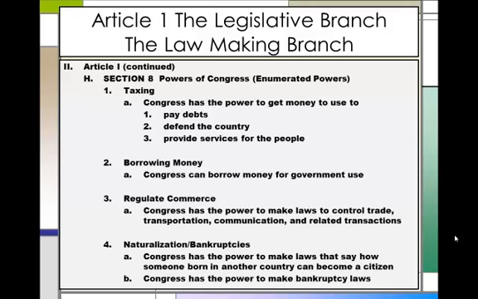In Article 1, the powers that Congress is given are specifically enumerated or listed. It's not open to a lot of interpretation. It is specifically stated, you may do this, you may not do that. Section 8 says the powers, the things Congress can do. Taxing, borrowing money, regulating commerce, handling laws about naturalization of citizens or bankruptcies.